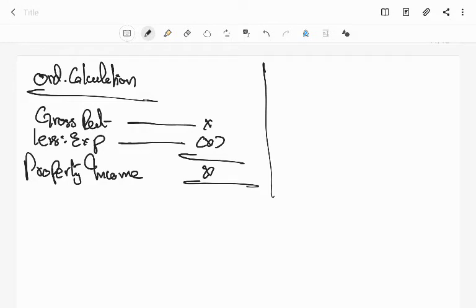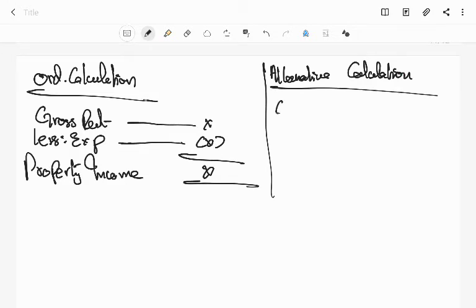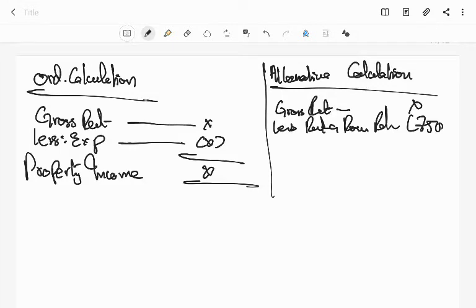Then we have the alternative calculation: gross rent less rent a room relief, which is 7,500, and we will get the property income, right?